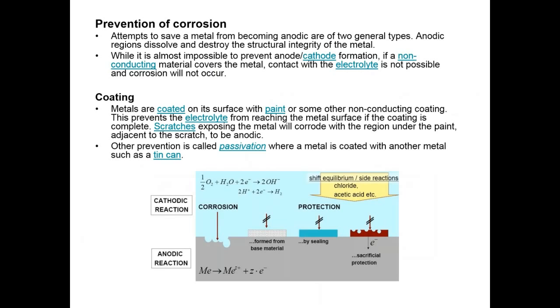So in coating a material, what you want to do is to prevent the electrolyte from reaching the metal surface, and this can be in the form of a monolayer film, or a thick paint coating, or even a passivation of a thermoplastic, or even the presence of a sacrificial material. And of course, preventing corrosion can either be cathodic or anodic in methodology.